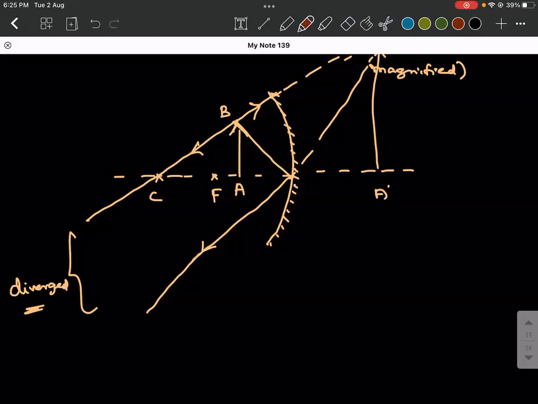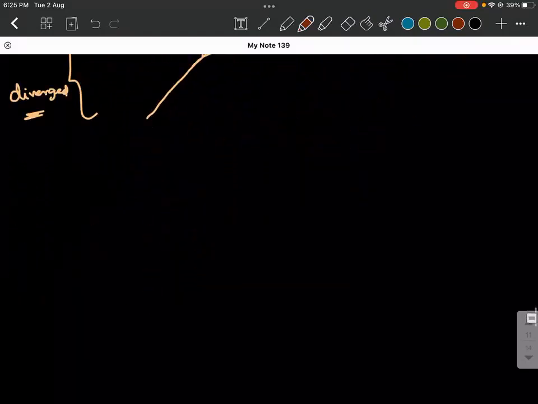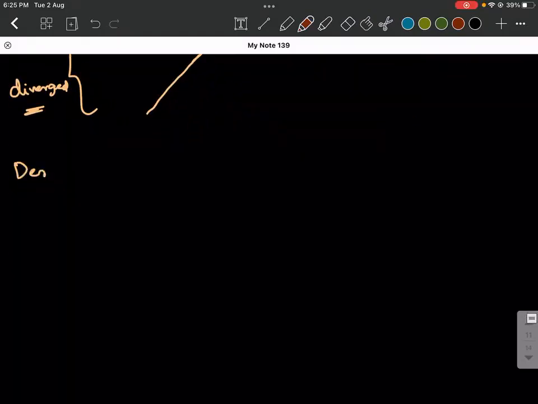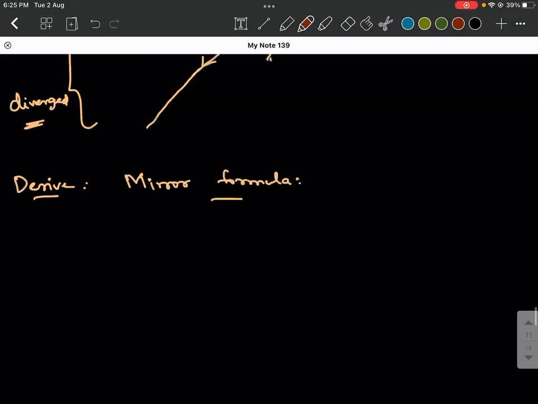So based on this, we will try to derive the mirror formula. Can you scroll up for a minute? Sure.